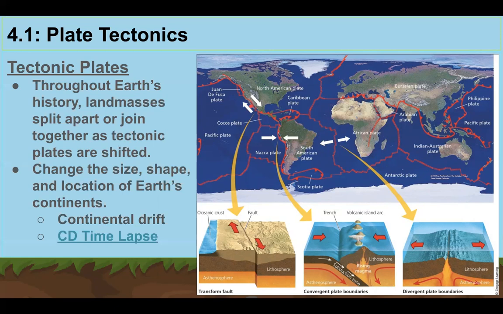So the movement of these plates has changed not just the land masses and their shapes, but also different features like mountains, ridges, volcanoes, islands. If you are interested, you can take a look at this continental drift time lapse, which is actually really cool. It shows you, at least in theory, what the Earth has looked like over the past few billion years.